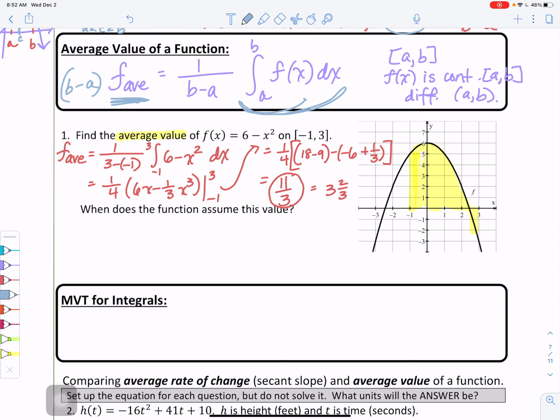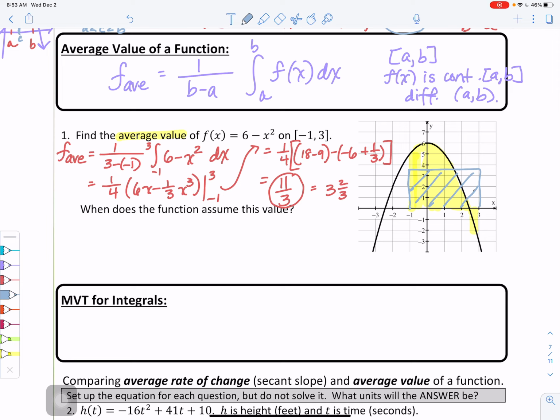So at 3 2/3, at about right here, from -1 to 3, the average value says that this area is equal to the area highlighted in yellow.